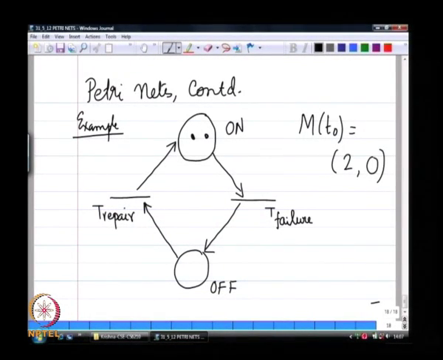Okay. So if you look at the system state space, right, how does the system now move? So what are the possible states of the system? The state of the system here is defined as the number of tokens present in each of those two places, on or off, right.